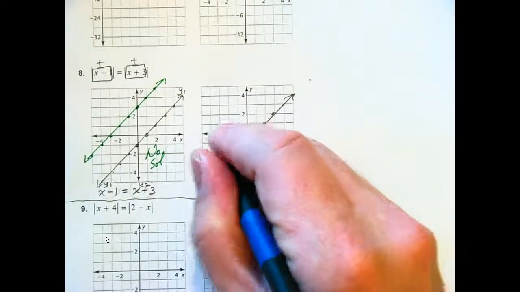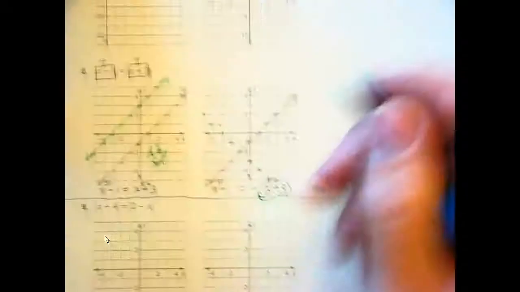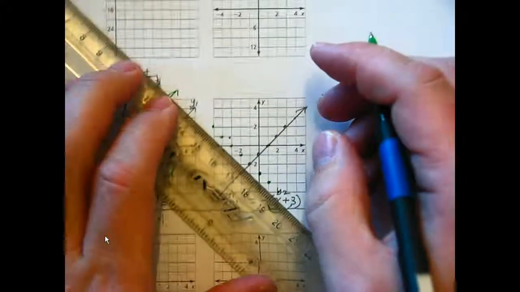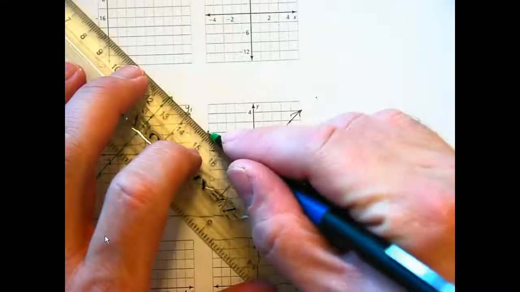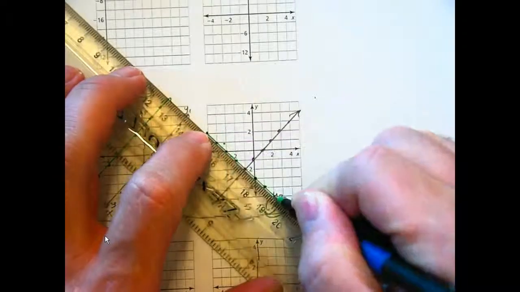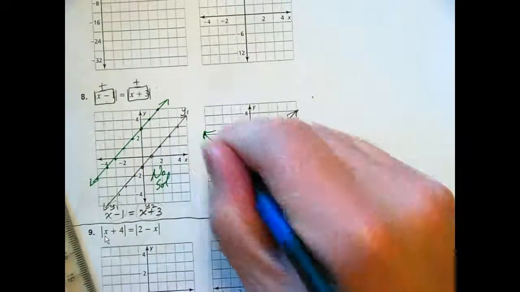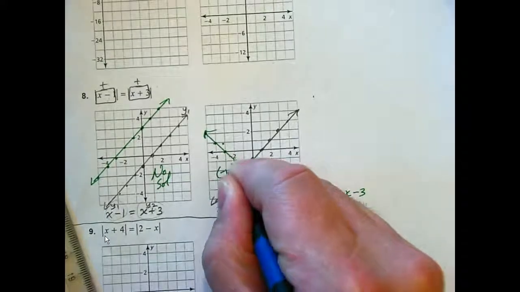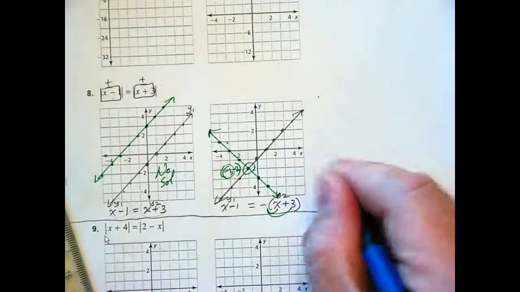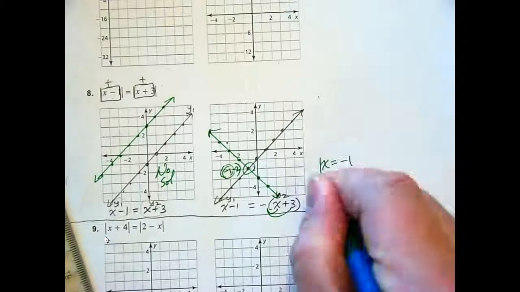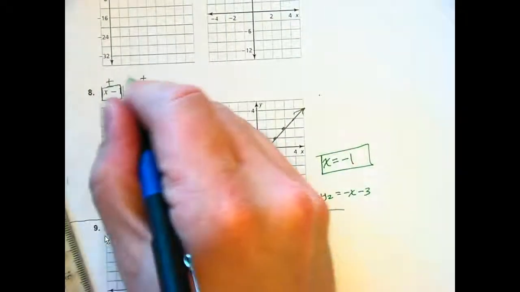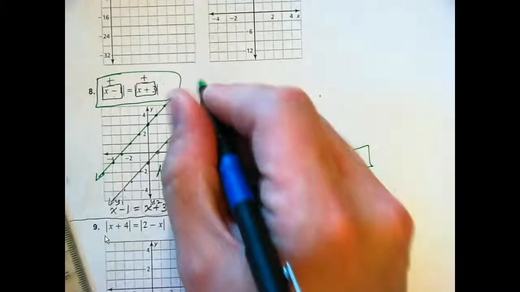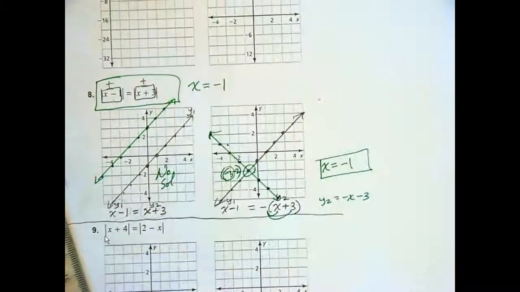Does this one intersect? Yes. What does x equal? X is negative 1. So in this equation, x equals negative 1. That's the only value that will work.